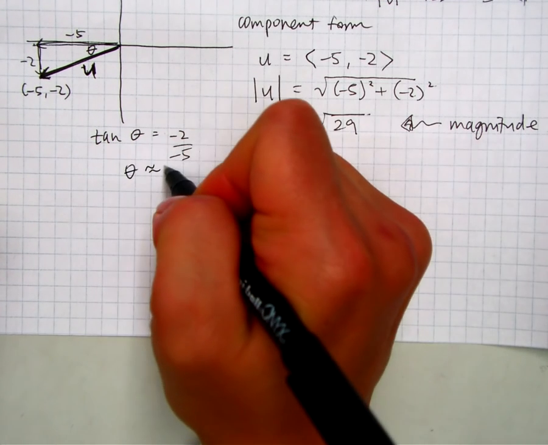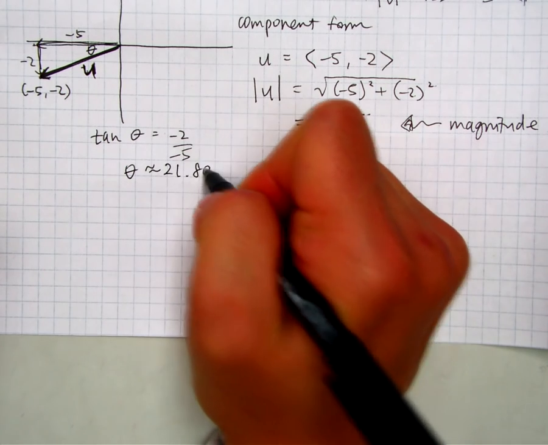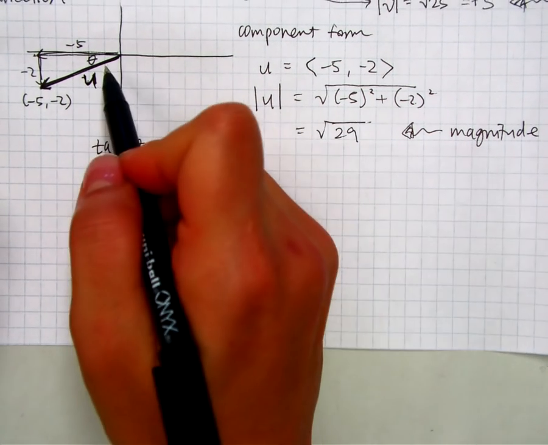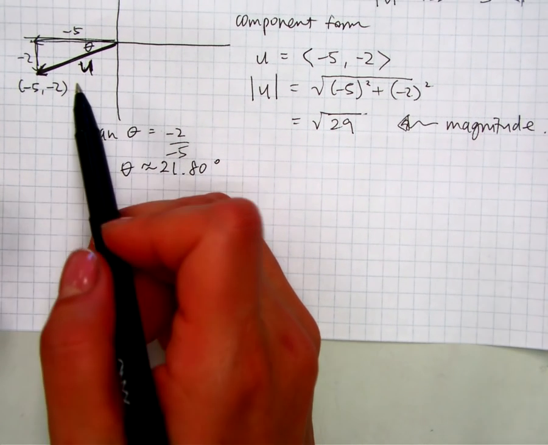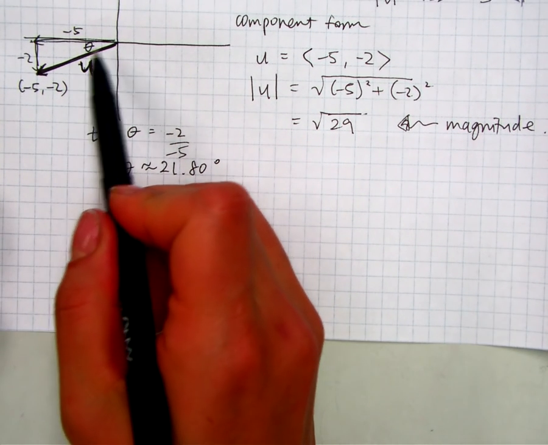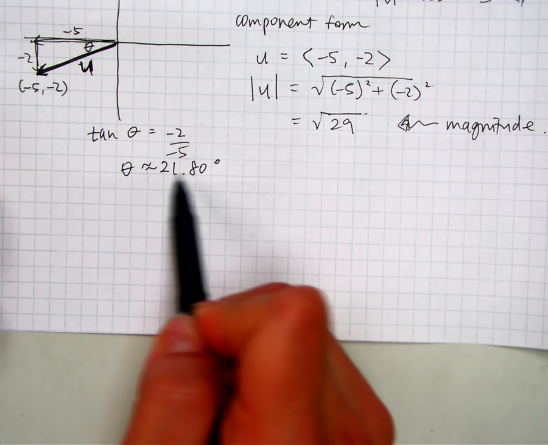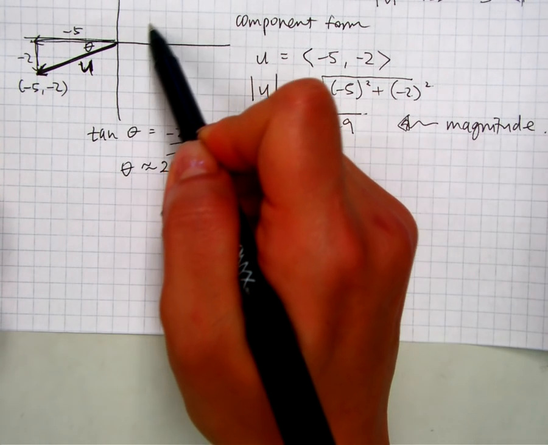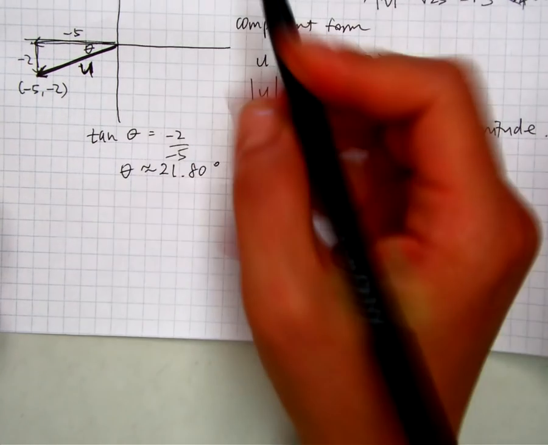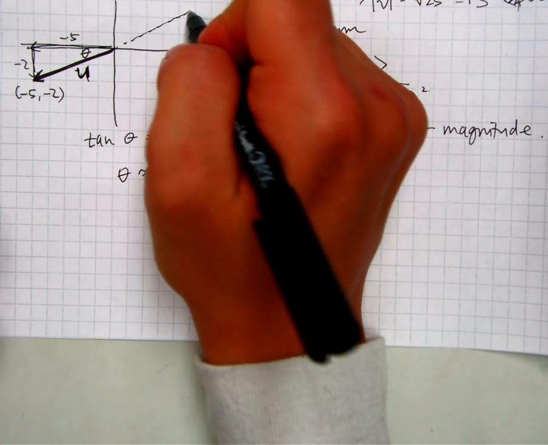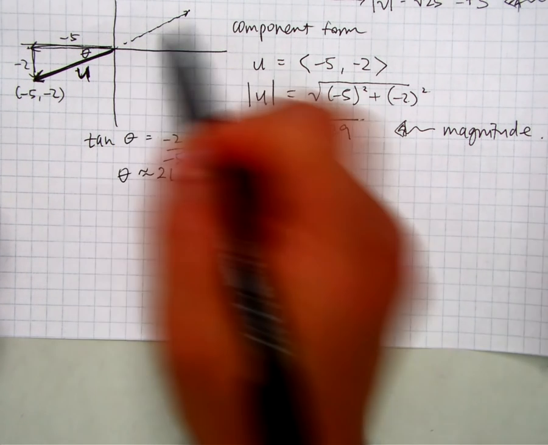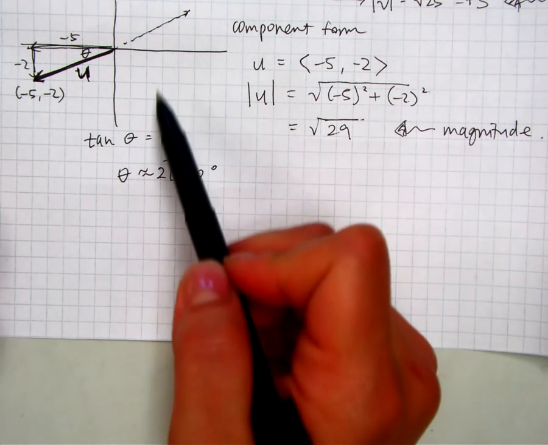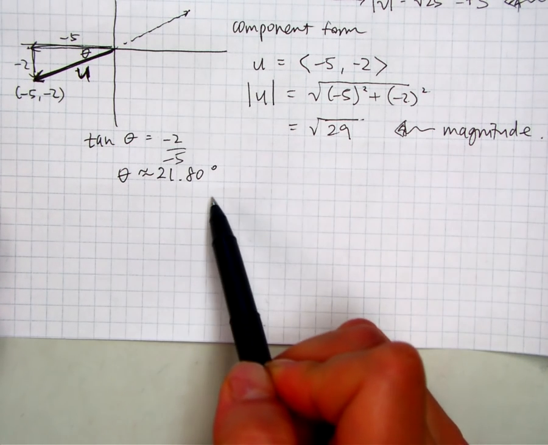So theta is approximately 21.80 degrees. Now that is not the direction of this vector. Why isn't it the direction of this vector? 21.80 degrees is actually this way. It's an angle that looks like this. This vector going this way is 21.80 degrees.